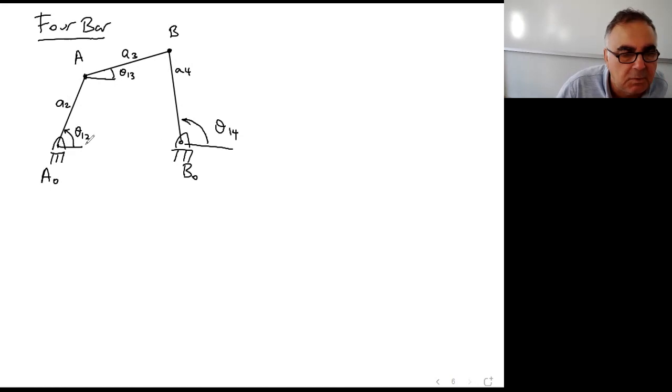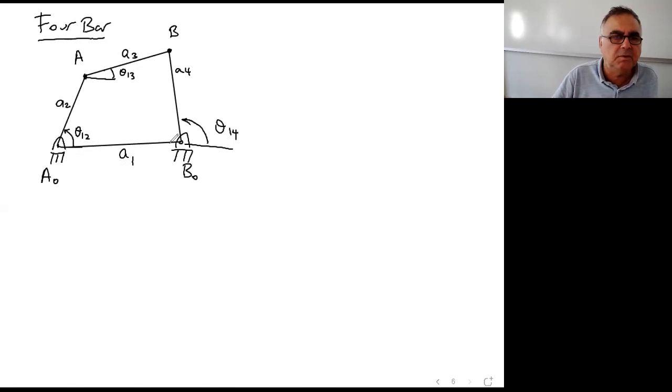This is A1. Now, to solve for the 4-bar mechanism, given theta 1,2, we want to solve for theta 1,3 and theta 1,4.